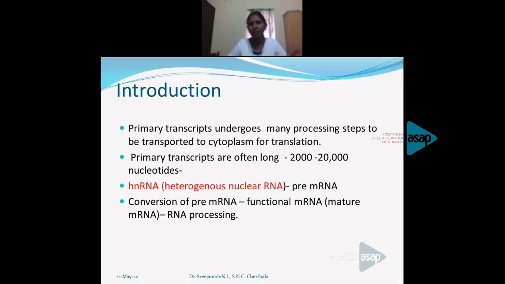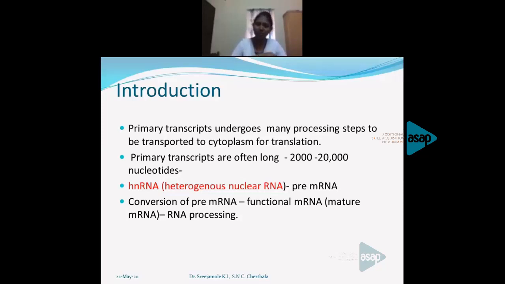This pre-RNA must undergo some modification, which we call RNA processing, to be converted into mature functional RNA. So, what are the processes included in this RNA processing?